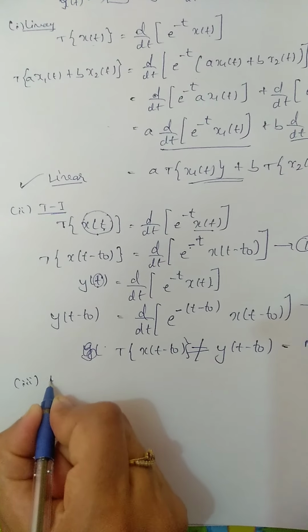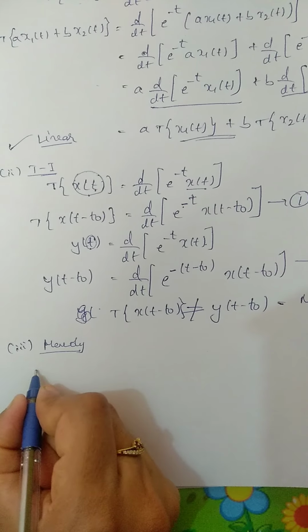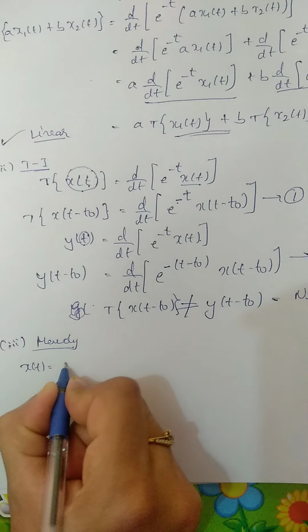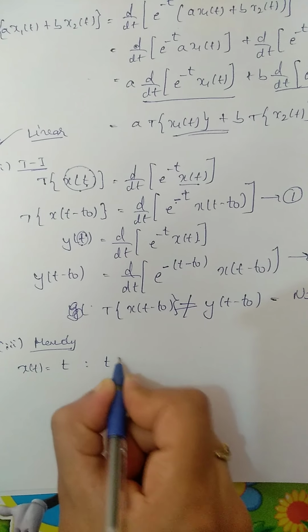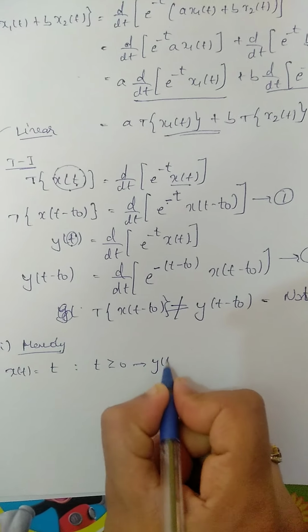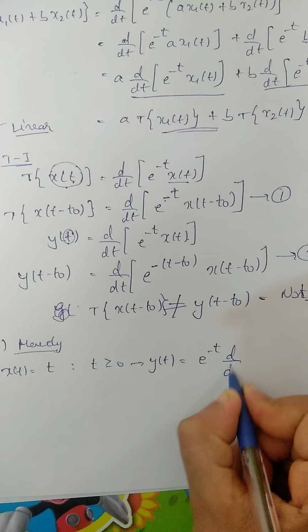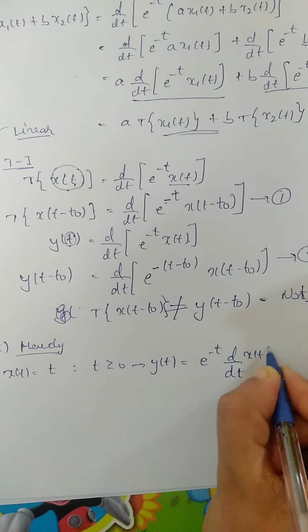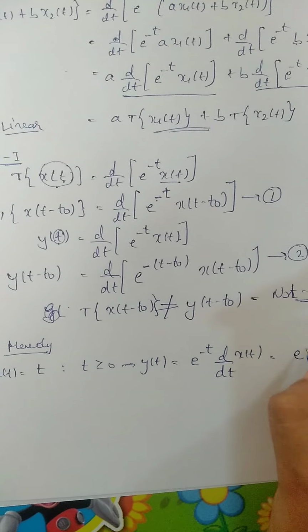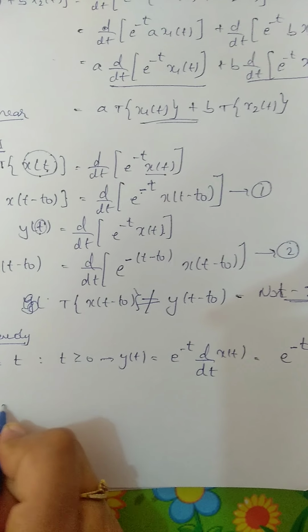Third property, let us consider whether it is memory or memoryless. First, let's assume x(t) = t for t greater than or equal to 0. If we differentiate it, that is y(t) = e^(-t) d/dt of x(t), then this will be e^(-t).